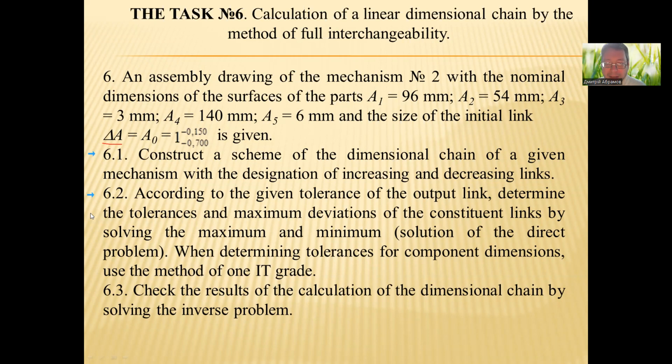When determining tolerances for component dimensions, use the method of one IT grade. And 6.3, check the results of the calculation of the dimensional chain by solving the inverse problem.